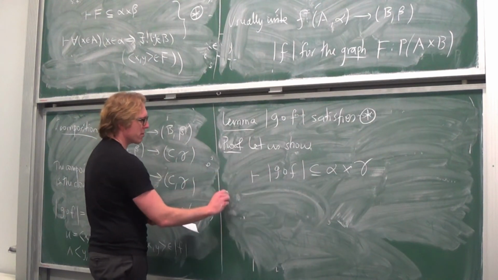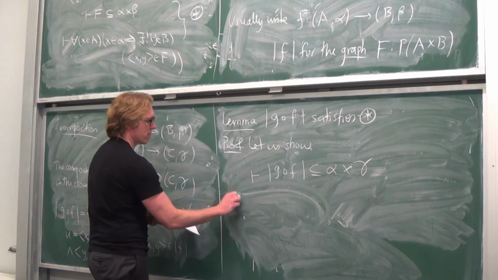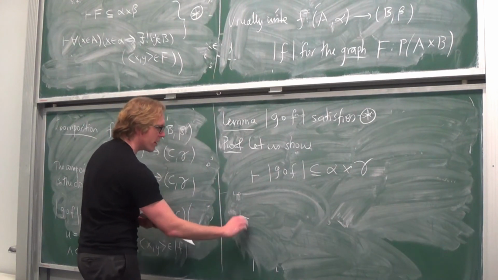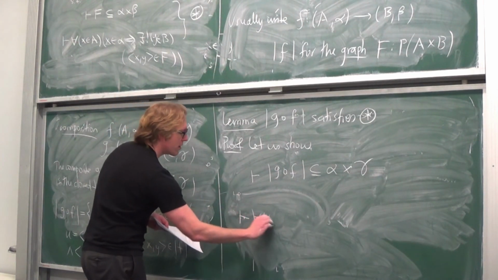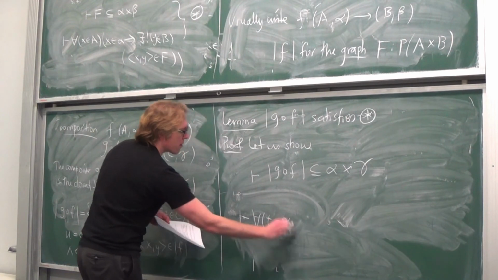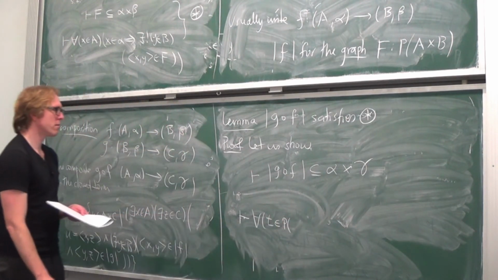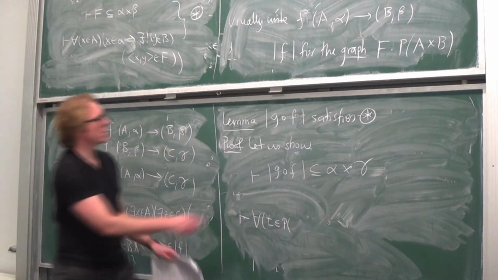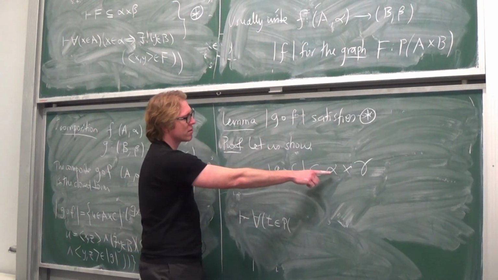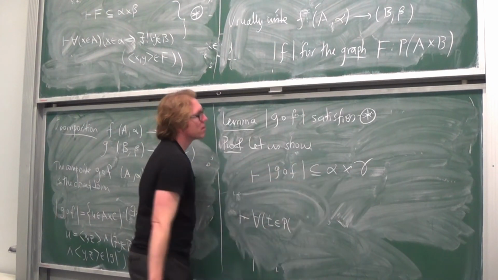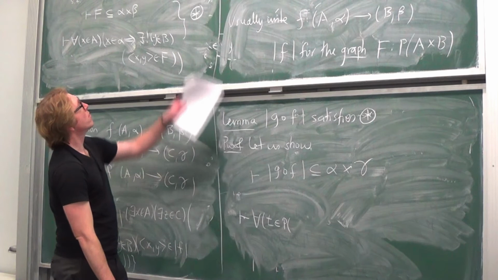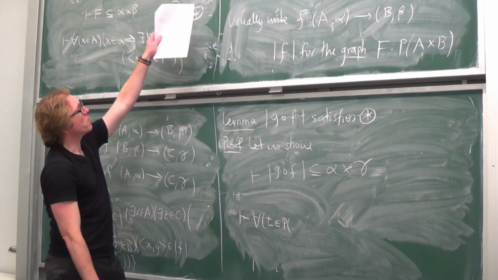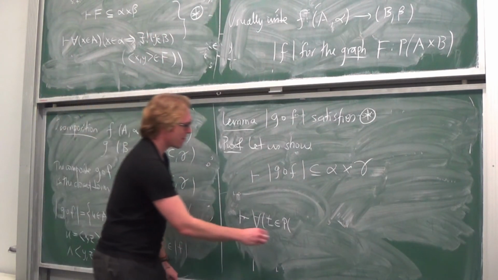Okay, so what does this actually mean? That's an abbreviation for all t in P. Right, so this was a term of P. Where did it go? That was a term of type PA cross B, right?